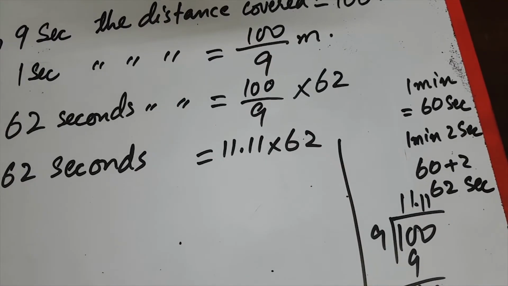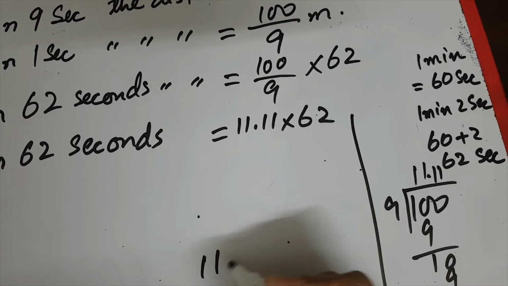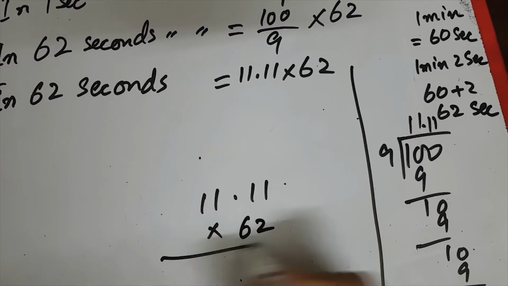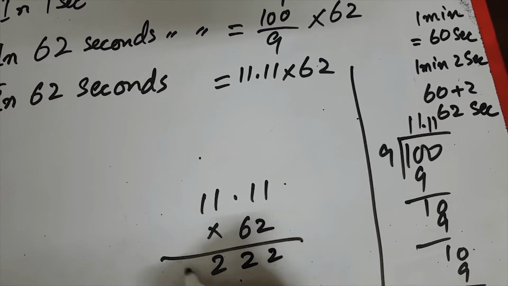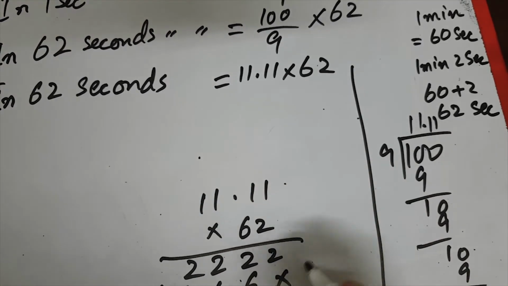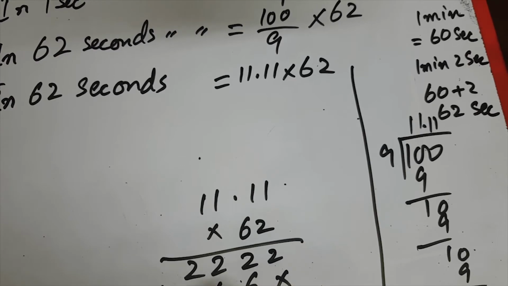Do the rough work again. 11.11 multiplied by 62, so 2 2 2 and 2 6s are 6 6 6, because you are going to solve 62 for 11.11, so 6 7 8 8 8 and 6.